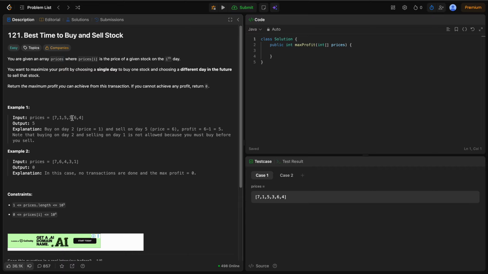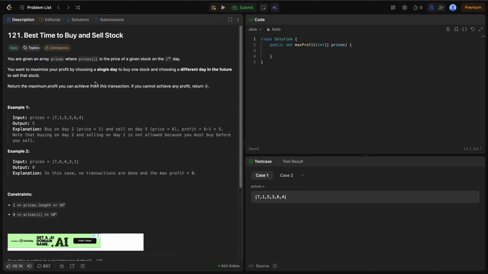Let's say, is there any scenario where I can buy when the price of the stock is 3 and sell at 7, which is in the past? It can't happen, right? In reality also, when we think of real stock scenarios, I can buy today, then I can sell only in the future, not in the past.